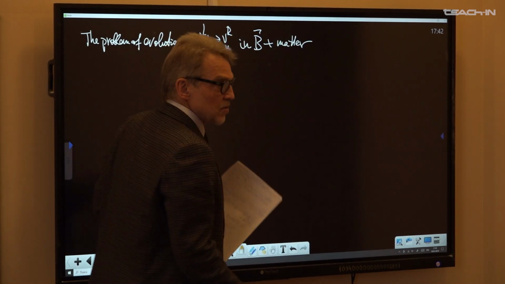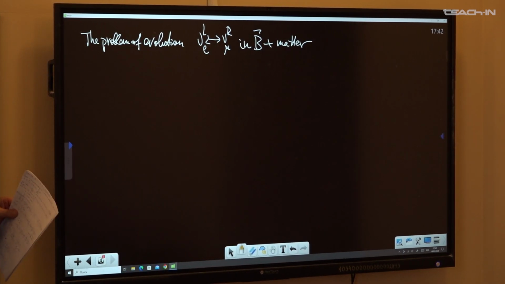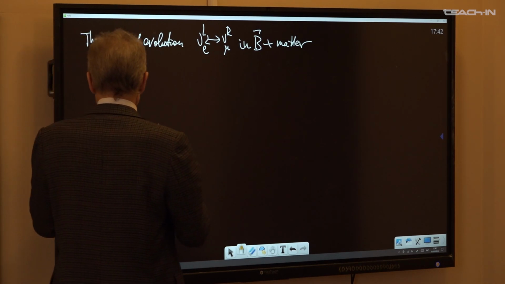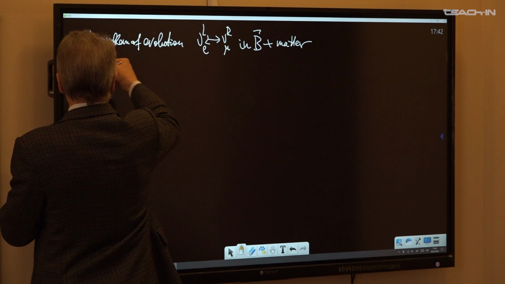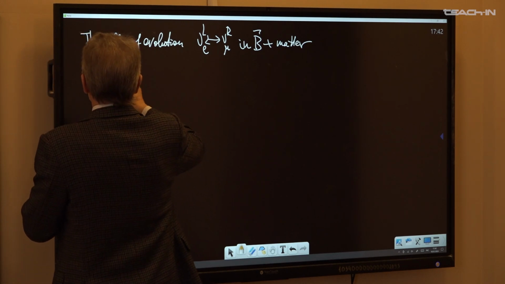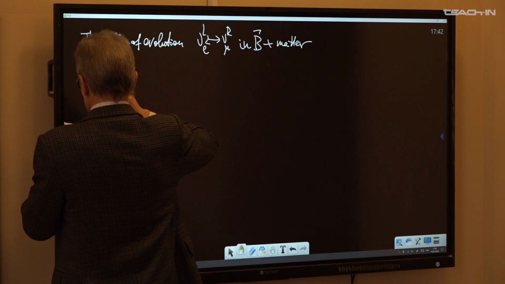So this is what we are discussing now. And the solution should be found for the following evolution equation.